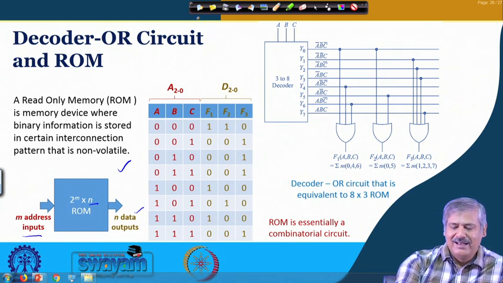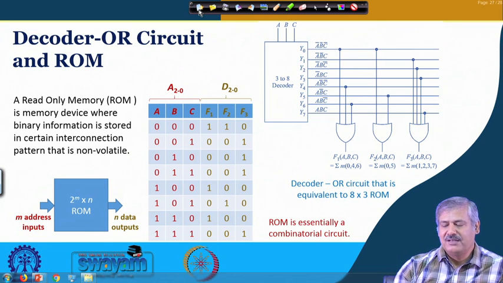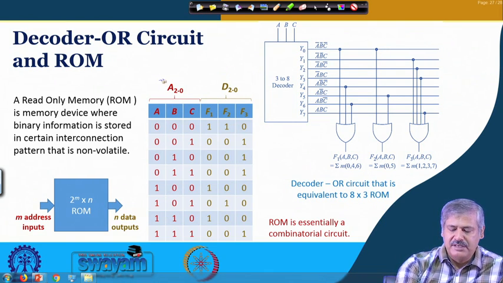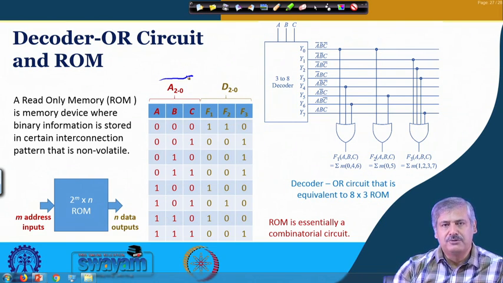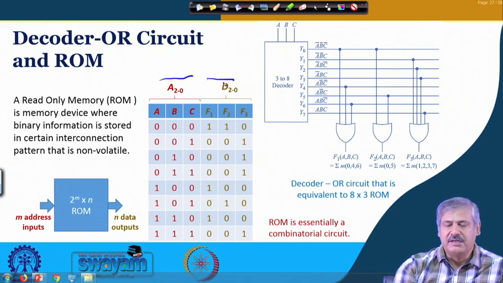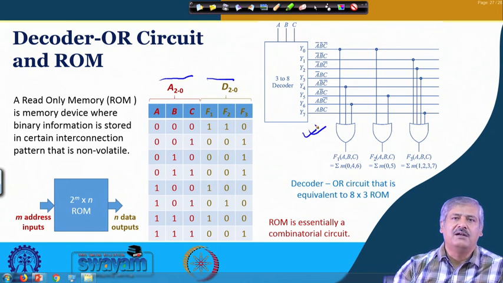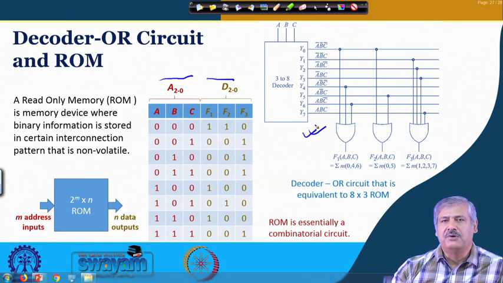Let us see the similarity with the decoder-OR circuit. We consider a 3-bit address A2 A1 A0 and 3-bit data. The circuit that we see over here I have taken from our earlier discussion of the decoder circuit in the combinatorial circuit discussion, somewhere in week 4 or so.